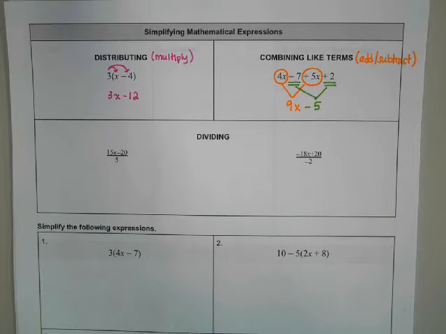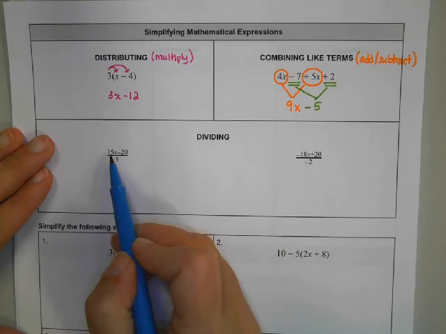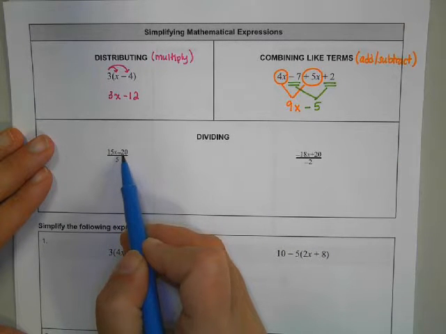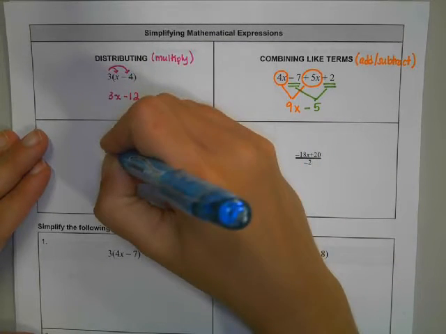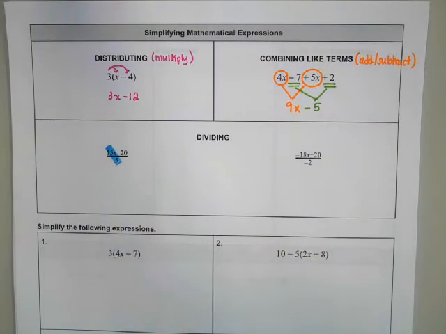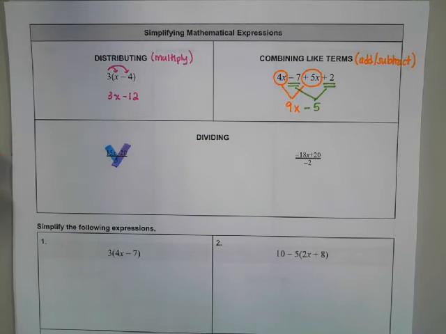The new way that we're going to simplify, something we haven't done before but that is new in this unit, is that we're going to simplify big division problems. When we are dividing, and there is more than one term in the numerator, and you're dividing by a number, to simplify this we're going to break this up into 2 problems. We're going to divide 15x divided by 5, and then separately, divide negative 20 divided by 5.